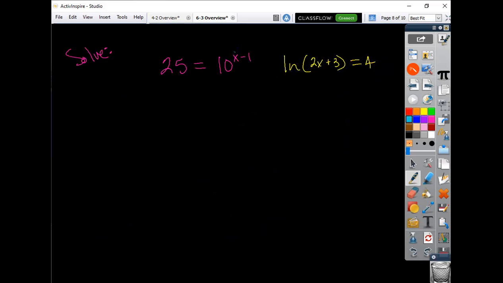Whenever you have the base to a power and the power contains your variable, then that is your signal. You've got to write a log to solve it. Or use graphing. You could graph both sides and look for the intersection of the graphs to solve it. So this is log base 10 of 25 equals the exponent. This log base 10 of 25 is just calculator work. Remember, we did it in Desmos where I typed log, the underscore, shift dash, and the 10.